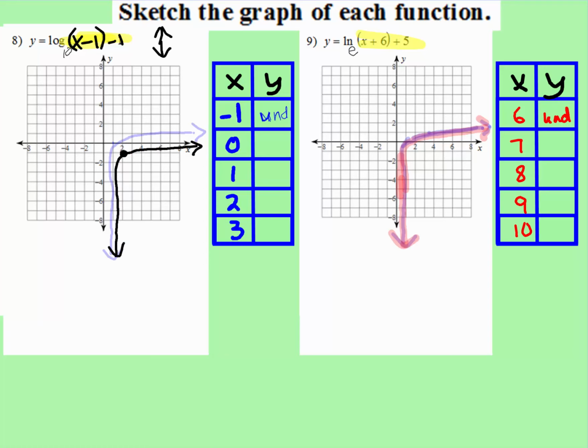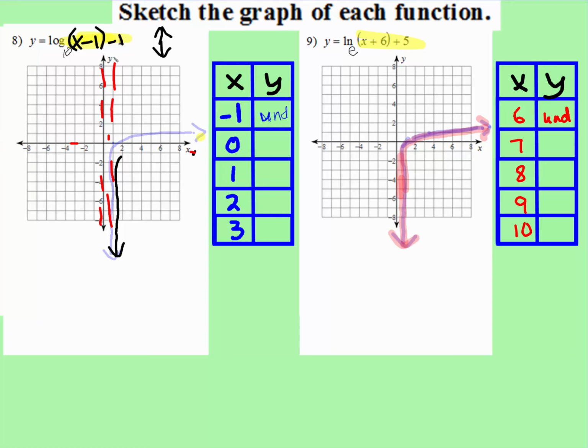That invisible asymptote that was here, it got moved over one, and the invisible asymptote that was there, it got moved down one. It got shifted down one, sorry. So that asymptote is right underneath that graph right there. Let me go ahead and erase that.